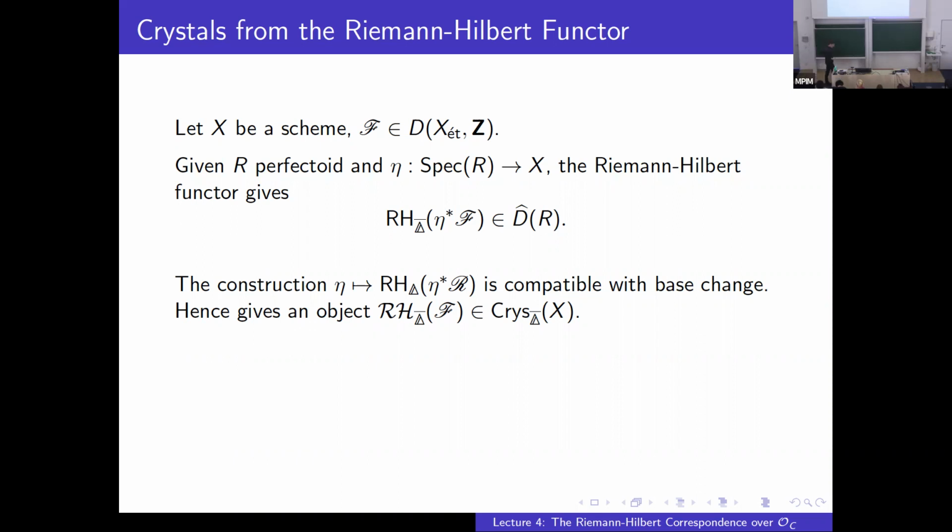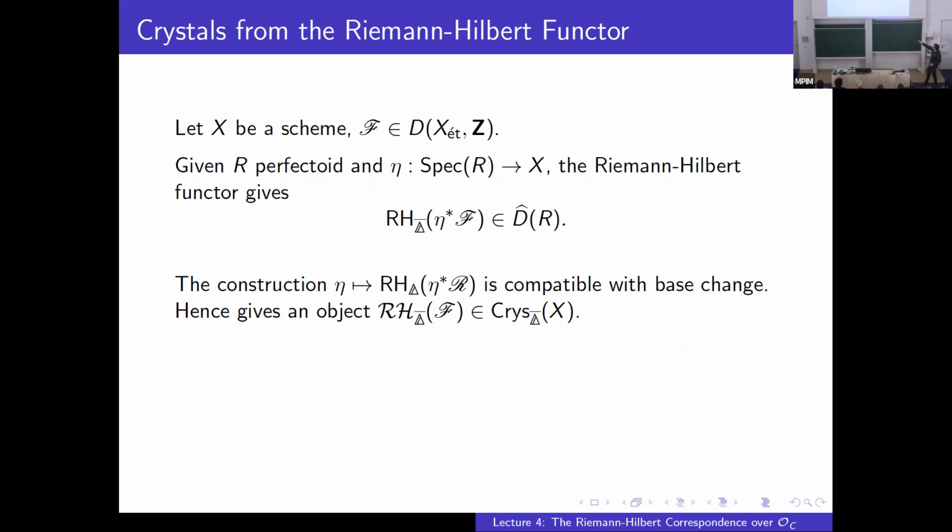It lives in this category of crystals. And following the principle of last time, it's in a funky font, which means that we regard it as a little bit mysterious, right? This thing in Roman font, it was just an R module, or, well, a complex of R modules.